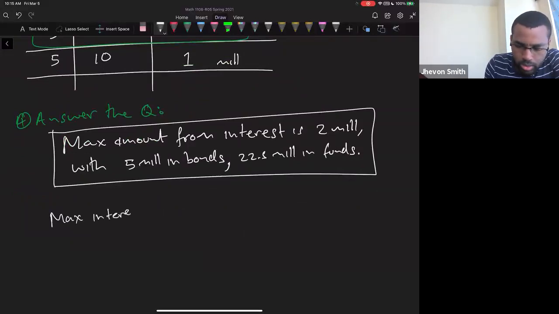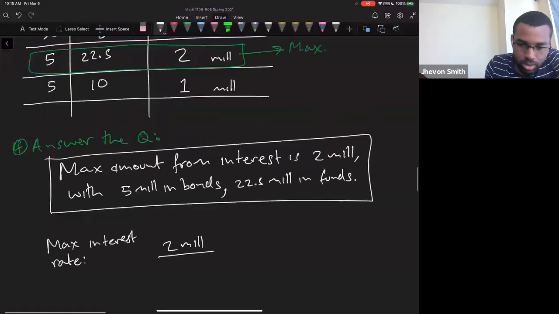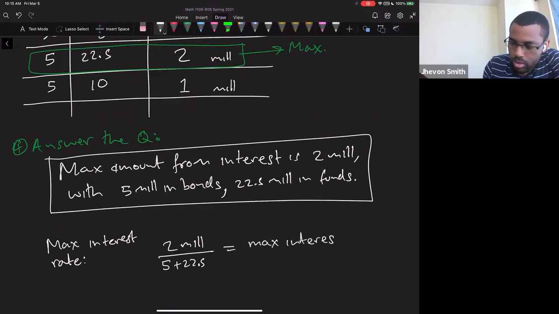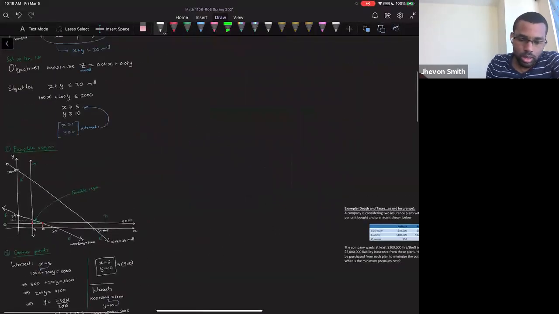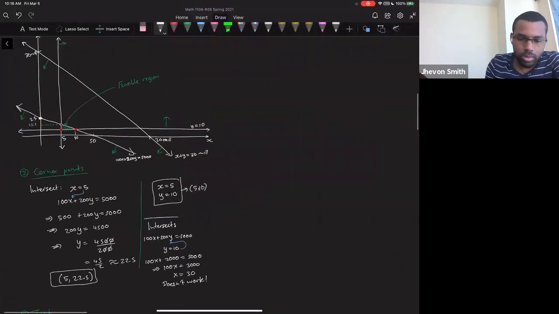Max interest rate: well, you just take that 2 mil divided by the total that you put in, and it'll tell you how much interest you actually made. Yeah, that's one of them.